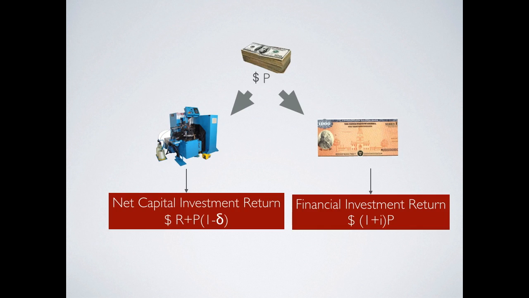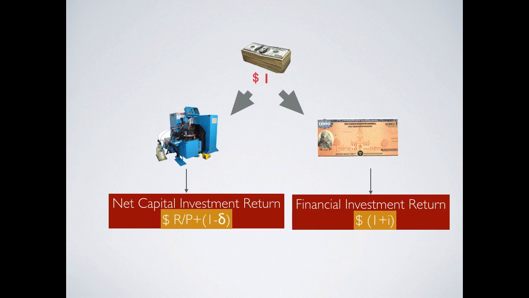And now we want to divide everything on the slide by P, which would give us the investment return of investing $1 for both options. So if we divide everything by P, then the net capital investment return for $1 of investment would be R divided by P plus 1 minus delta.